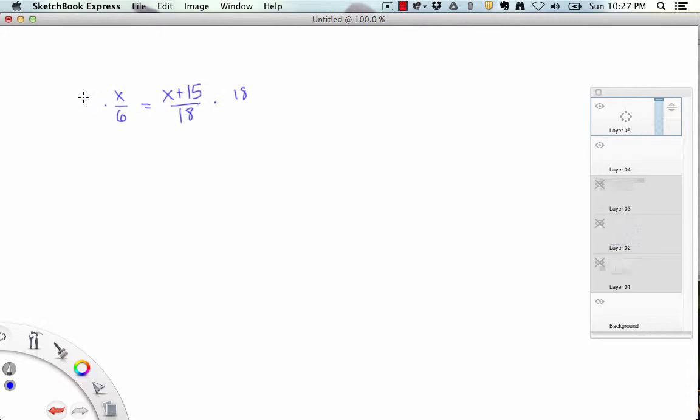So let's multiply both sides by 18. In this case we'll have 18 divided by 6 times this x, so we'll get the 3x like we had before. And in this case we've got the x plus 15. 18 divided by 18, that's 1.